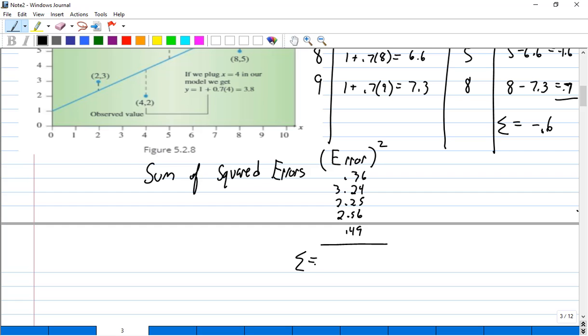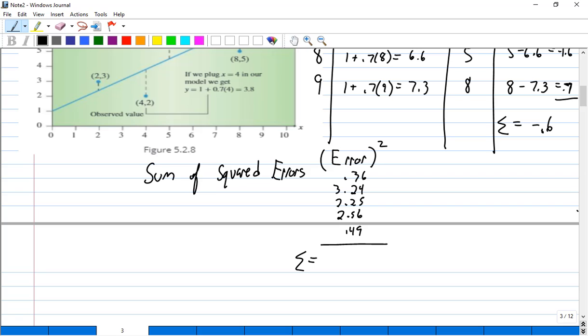Again, why is that a good value for us to look at in the real world? It's good because some of our error was positive and some of our error was negative. So if we just take the sum of our errors, some of those negatives and positives are canceling out. That doesn't give us a real good feel for how well the line is fitting.